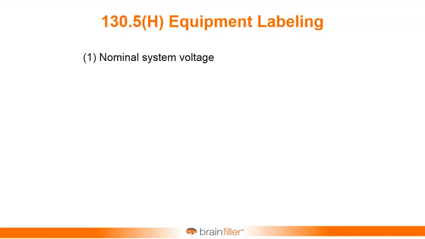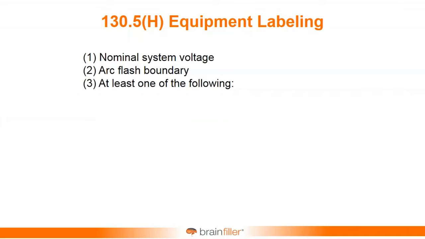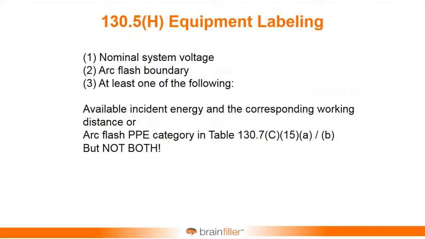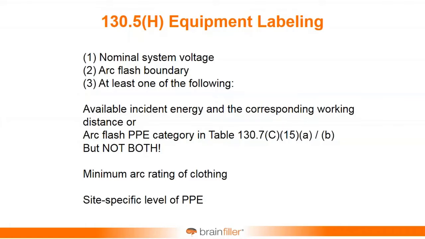And so 130.5H states that you have to have at least the nominal system voltage and the arc flash boundary, and then some method to identify the PPE. And that, as I mentioned, can either be the incident energy and working distance or the PPE category, not both. The PPE category from NFPA 70E, the minimum arc rating, the site-specific level of PPE.